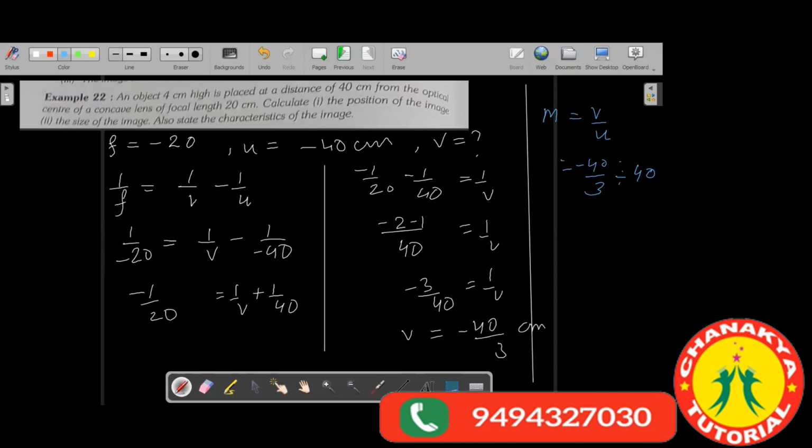So you get magnification as 1 by 3. Now you can find the height of image. HI by HO equals 1 by 3. So height of image will be 1/3 of the height of object. Height of object here is 4 centimeter, so it will be 4 by 3 centimeter. So height of image is 4 by 3 centimeter.